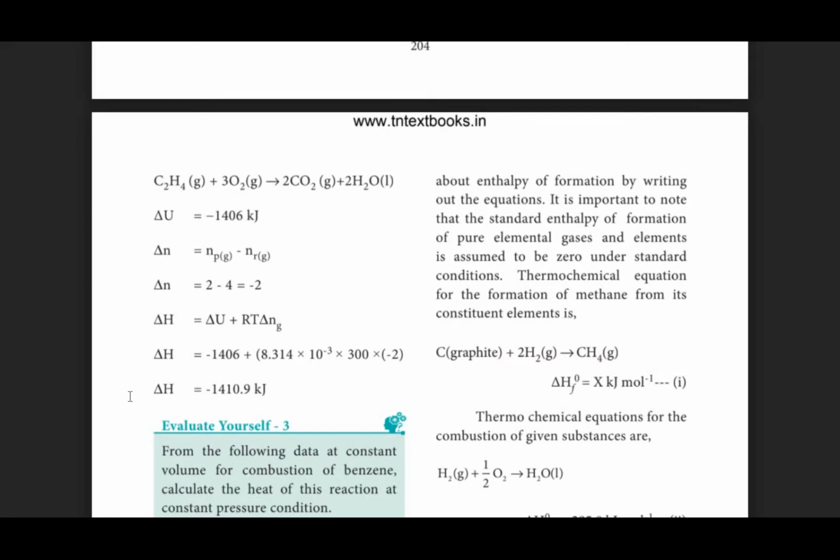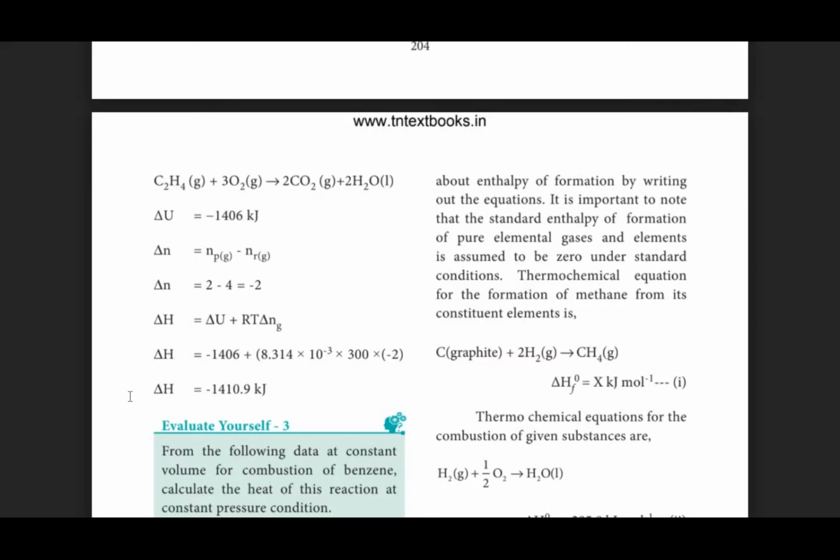Delta n is nothing but the number of moles of products minus the number of moles of reactants. Here the products are 2 carbon dioxide and 2 water, and the reactants are 1 ethylene and 3 molecules of oxygen. But here we are not considering water because it is in the liquid form. So 2 minus 4, which is equal to minus 2.